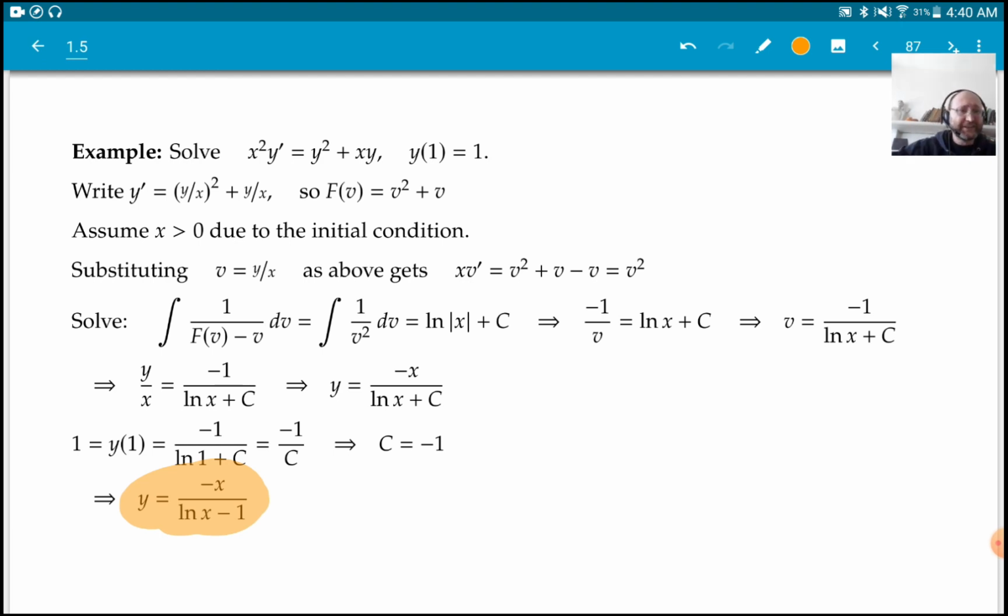So that's it for substitution. It's a little bit of an ad hoc method, but it's sometimes useful if the equation is basically written in a more complicated way than it needs to be. You need to basically change variables to make it simpler.